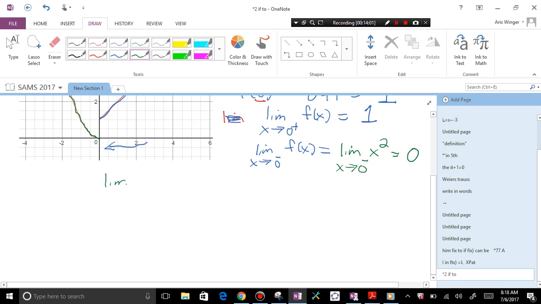The limit as x tends to 0 of f of x does not exist, right? The reason is because we want the limit to be one number, and there is no one number that this approaches as x tends to 0.